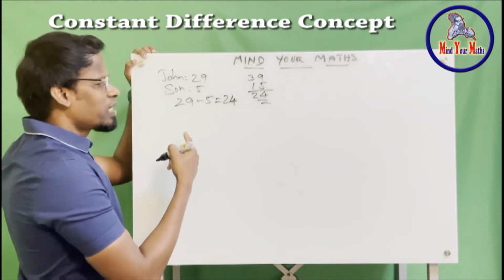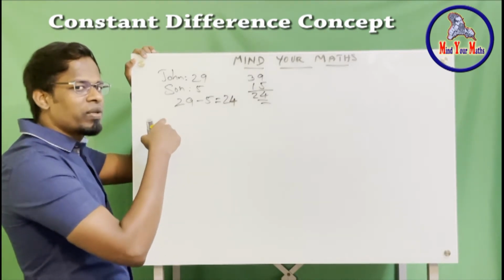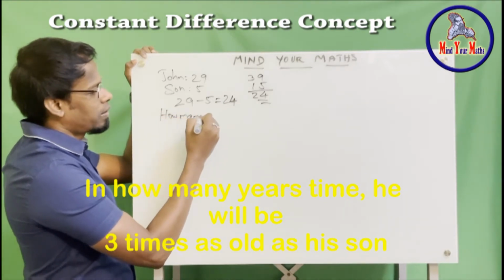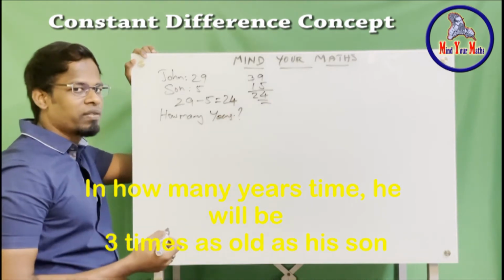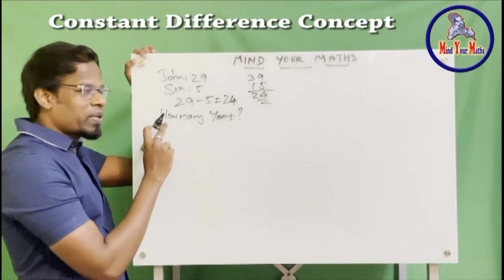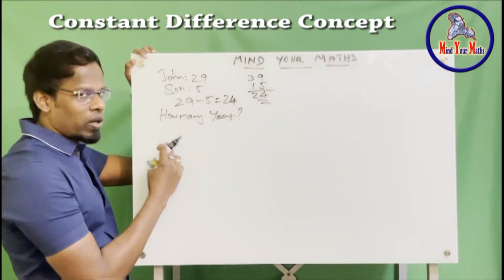Okay, so now let's see what is the question that we need to find. How many years? That's what we need to find. Now let's represent whatever is given and the target state in a model diagram.